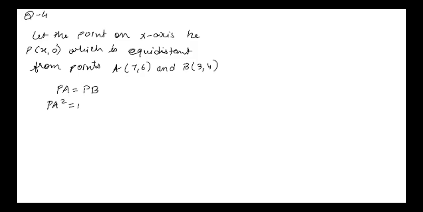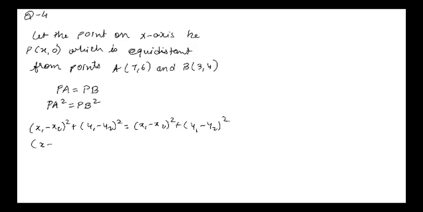Taking square on both sides will give me PA square is equal to PB square, and this time I will not take a square root as I have taken square on both terms. So applying the distance formula without square root, here x1 is x, whereas x2 is 7, (x minus 7) whole square plus (0 minus 6) whole square, and for PB it will be (x minus 3) whole square plus (0 minus 4) whole square.